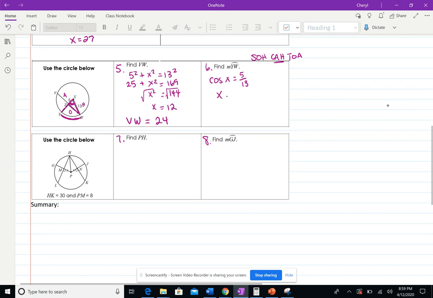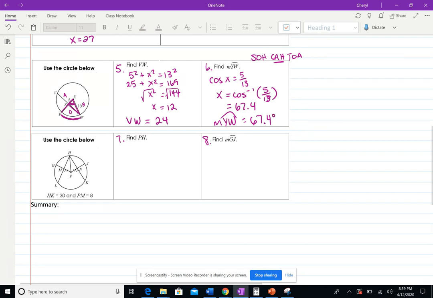To get x by itself, we have to use inverse cosine of 5/13. That is 67.4 rounded. So if our central angle is 67.4, then the measure of our arc YW is also 67.4 degrees.